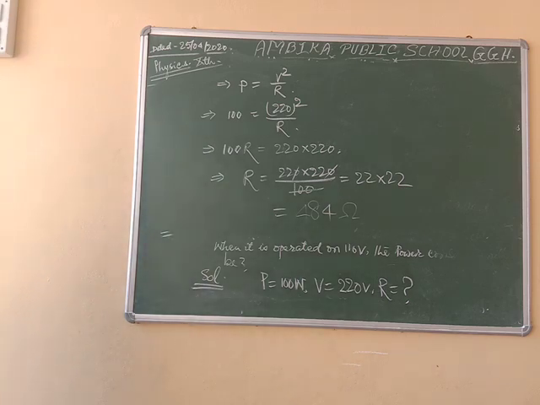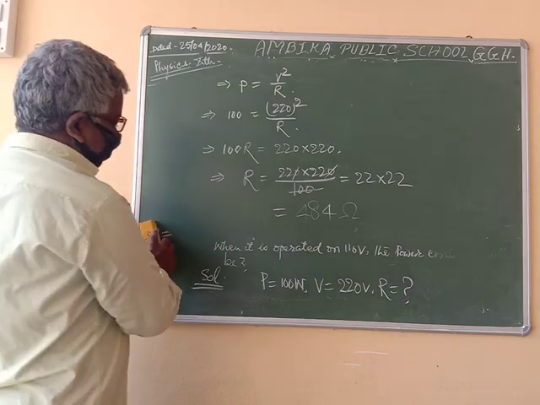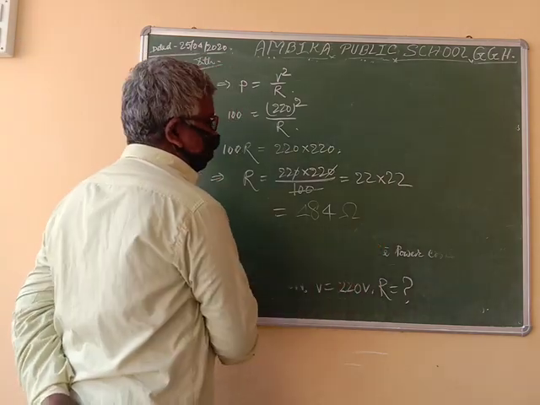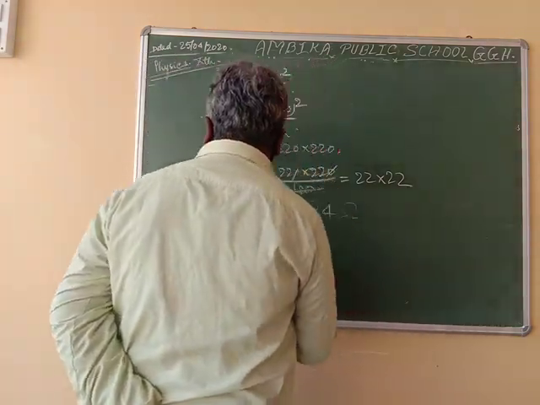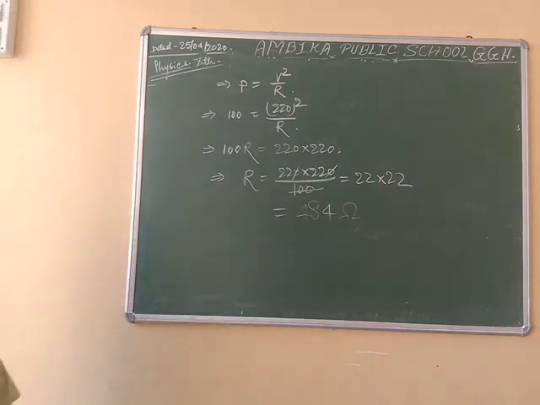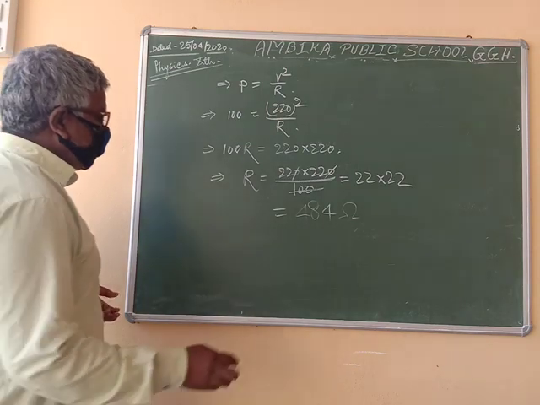Resistance is 484 ohm. Now from the question, when the voltage is 110, it means this bulb is operated on 110 volt. Then what will be the power?